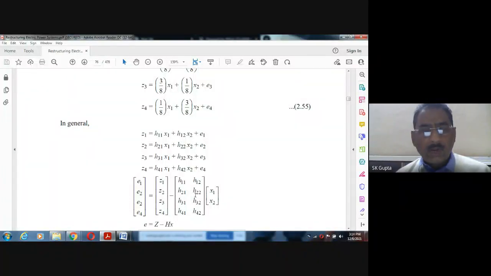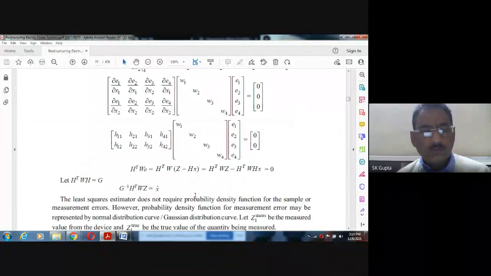And after optimization, we reached the conclusion that the system state x is given by this formula: G inverse H transpose W Z, where H is the system matrix, W is the weights, Z are the measurements, and G is H transpose W H, with H again the system matrix and W the weights.